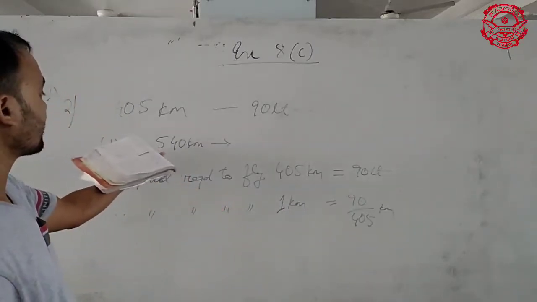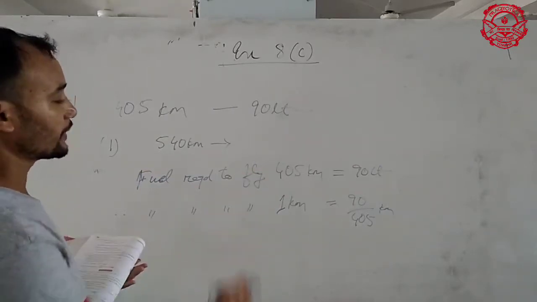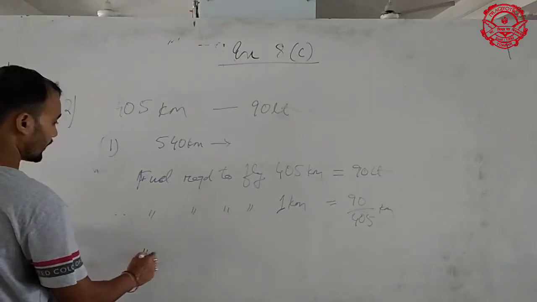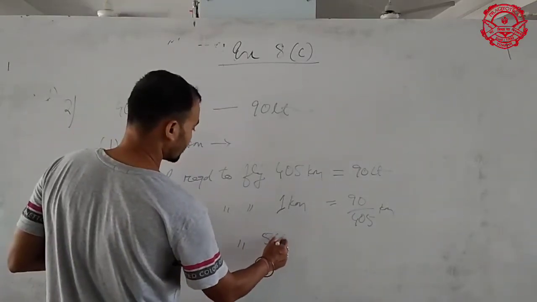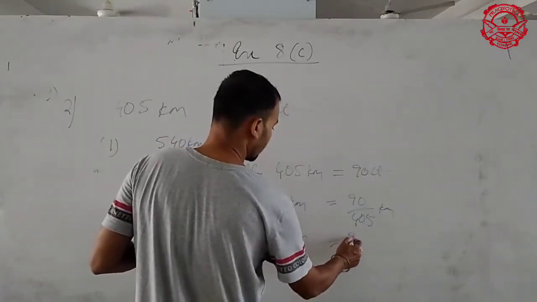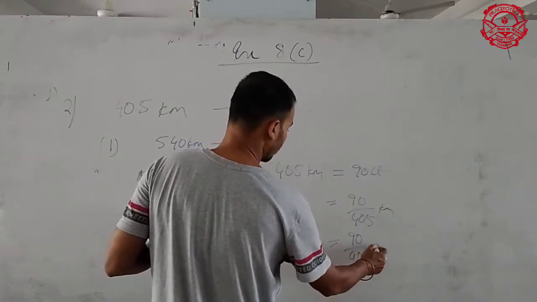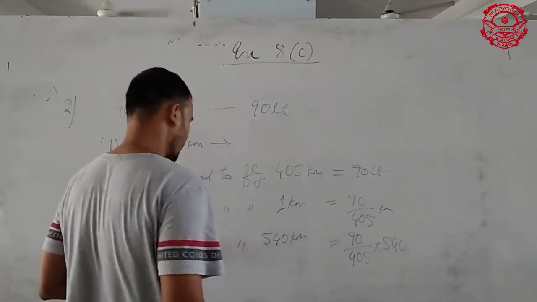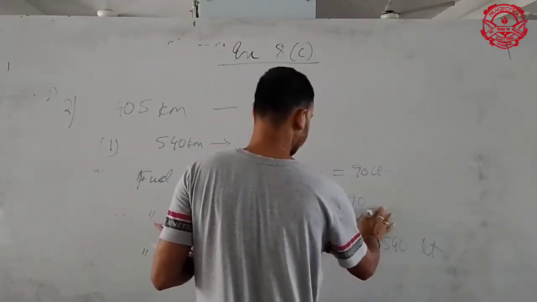Now you can easily multiply 540 with the particular number to get the amount of fuel. Therefore, fuel required to fly 540 kilometers will be 90 by 405 into 540. Okay, this will be liter, not kilometer.